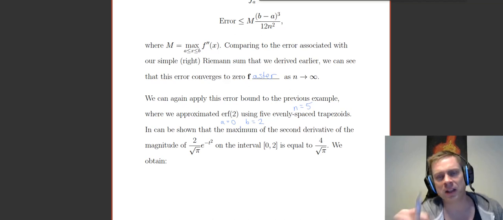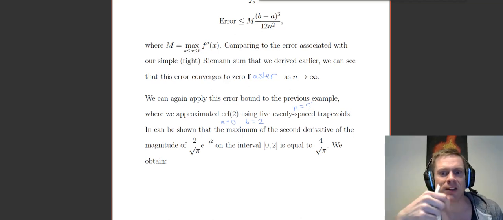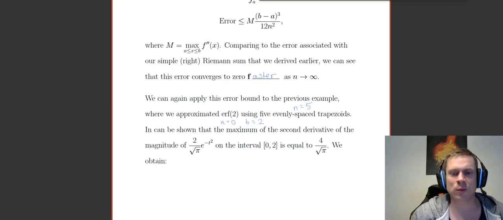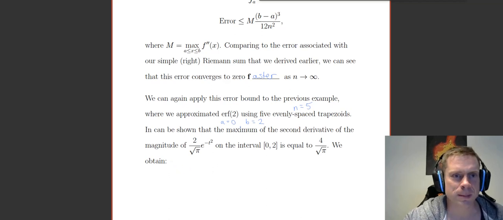And finally, you could show that the maximum of the second derivative of the integrand, which is essentially 2 over root pi e to the minus t squared, is equal to 4 over root pi.